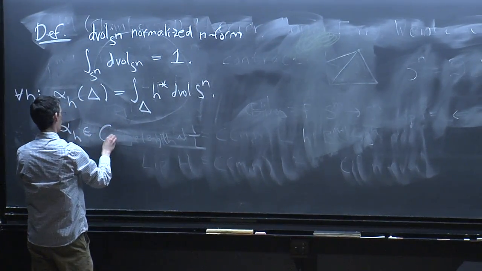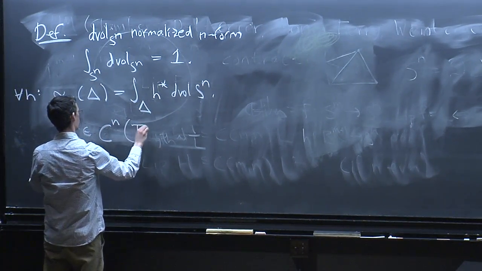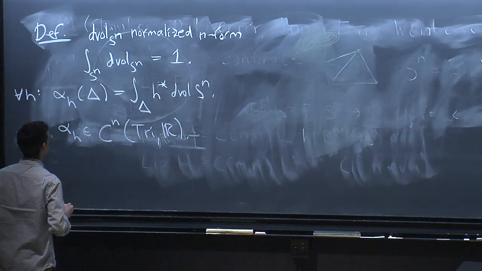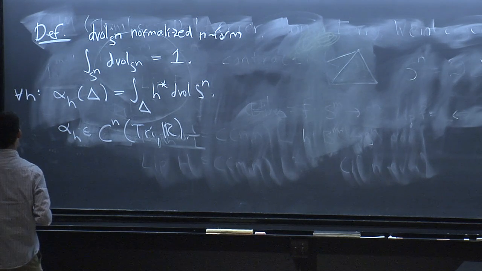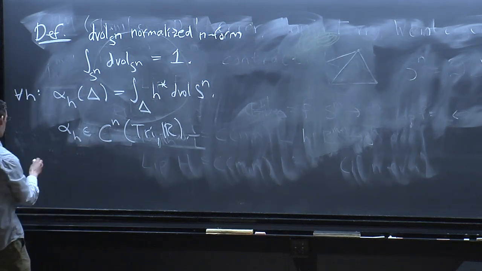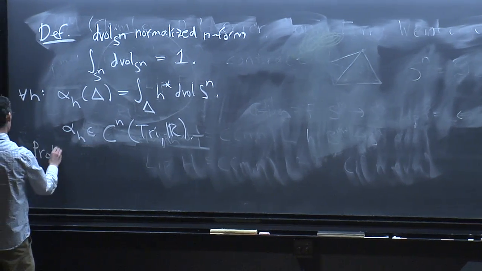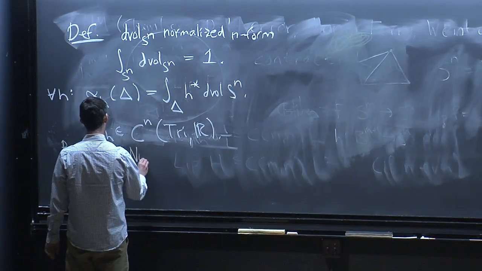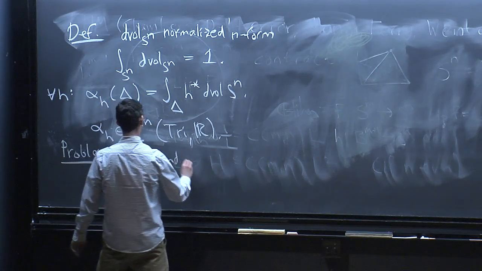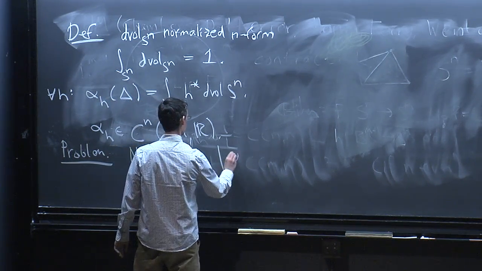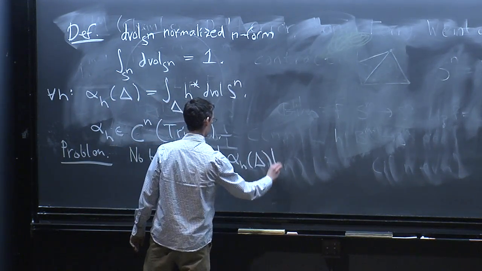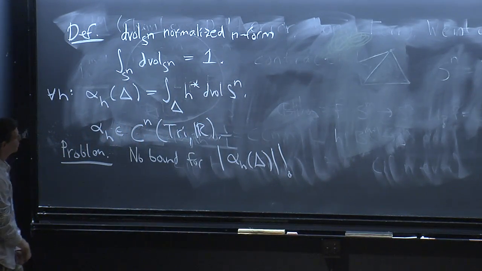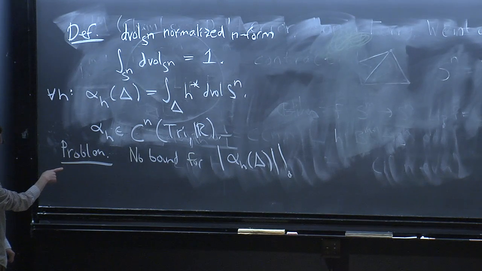So it is an n cochain of my triangulation with values in R. And now I can say the problem I said colloquially over there more precisely. The problem that I'm worried about is that I have no bound, no control for the size of alpha H of a simplex.